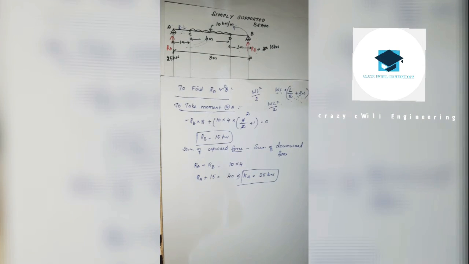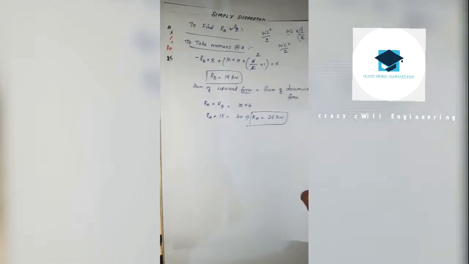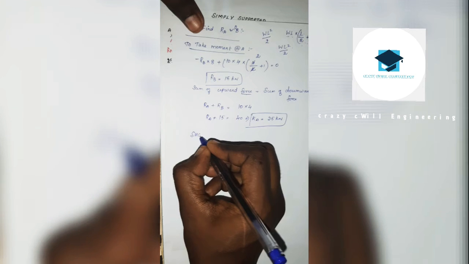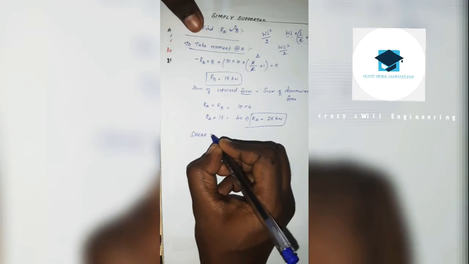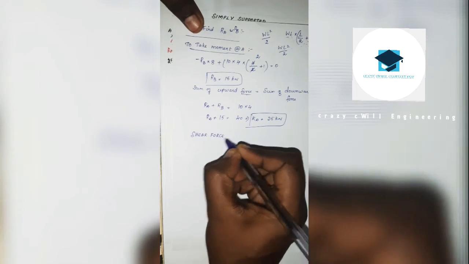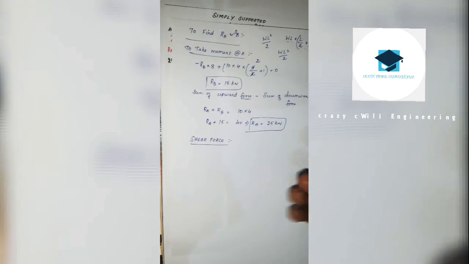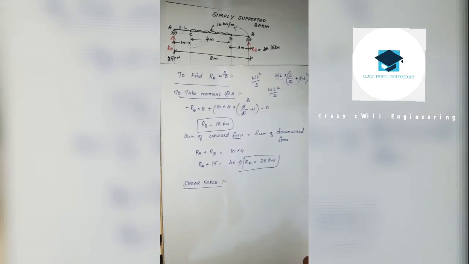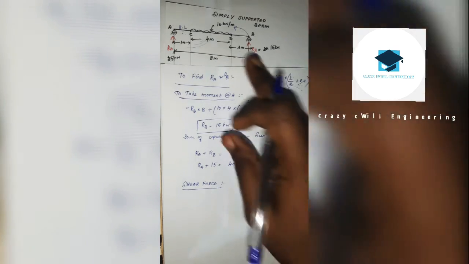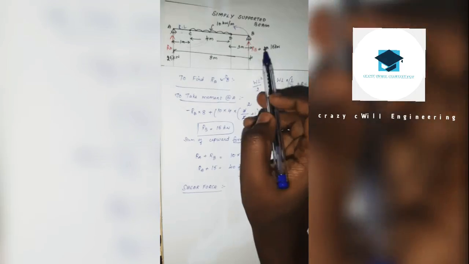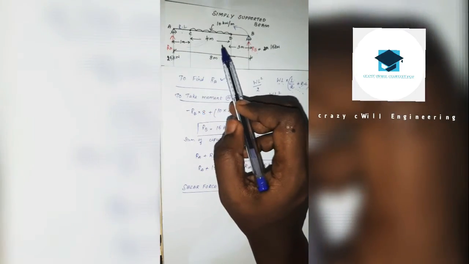Next step is to find shear force. Before calculating shear force, what is shear force? It is the algebraic sum of all the vertical forces acting on a beam, either right or left of the section.